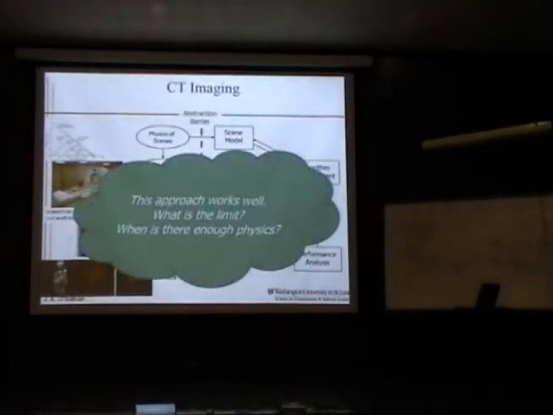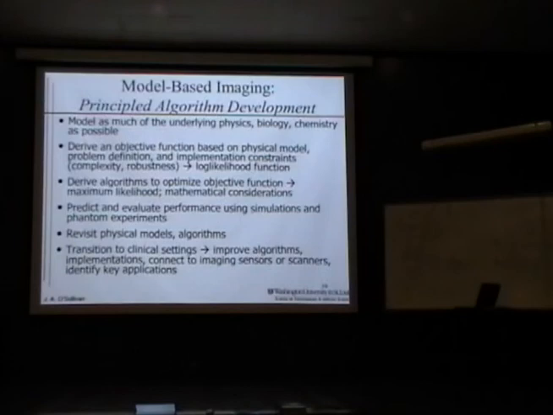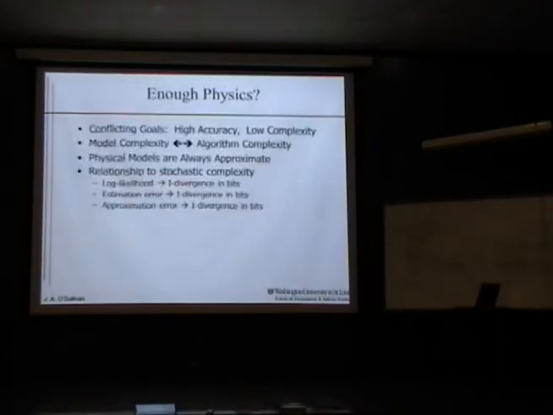Returning to this diagram, this approach works well, and the question is, what is the limit and when is there enough physics captured in this model-based approach? As I mentioned before, we do our best to model as much of the physics, the biology, the chemistry, everything that we understand, and there are conflicting goals, the accuracy and the complexity.